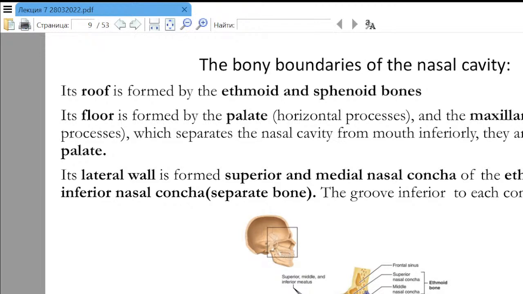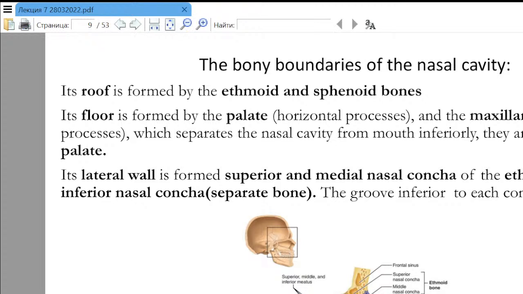Its lateral wall is formed by the superior and middle conchae of the ethmoid bone, and the inferior nasal concha, a separate bone. The groove inferior to each concha is a meatus.